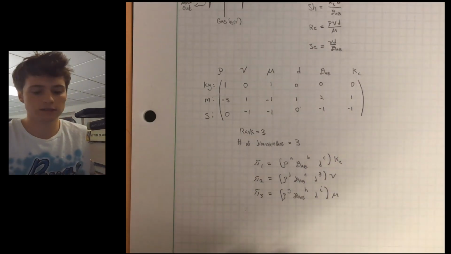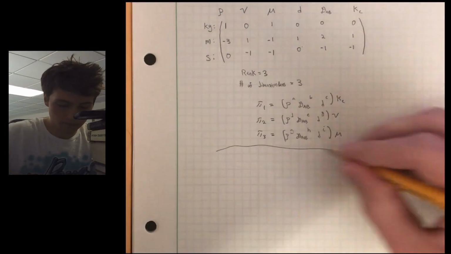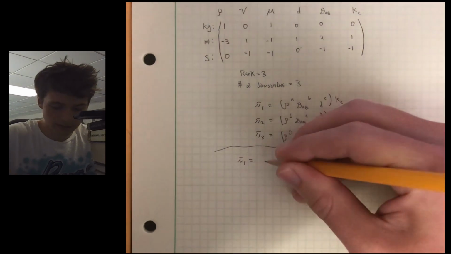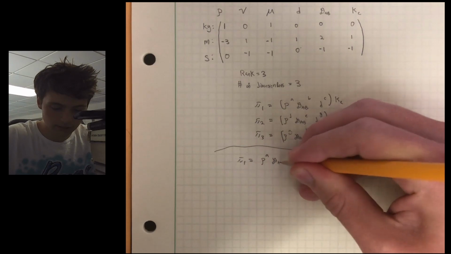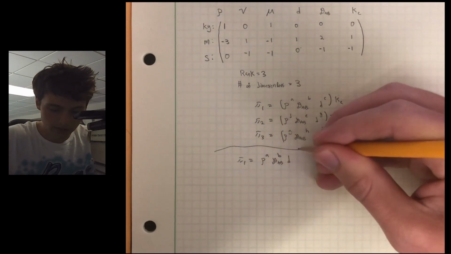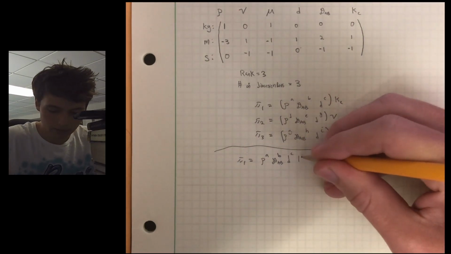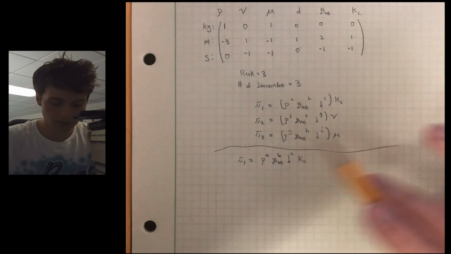So let's first talk about pi 1, the first dimensionless variable. We already see that that's the density raised to some power A, diffusivity raised to some power B, the diameter of the tube raised to some power C, multiplied by the mass transfer coefficient. And so we're just going to plug in the units.